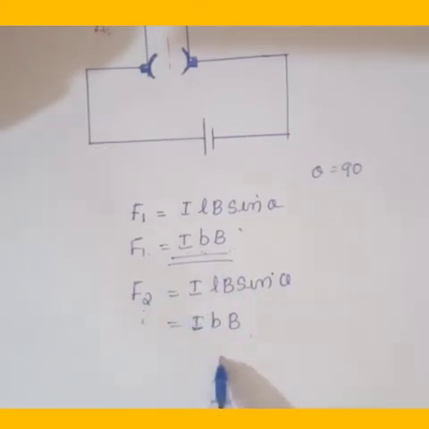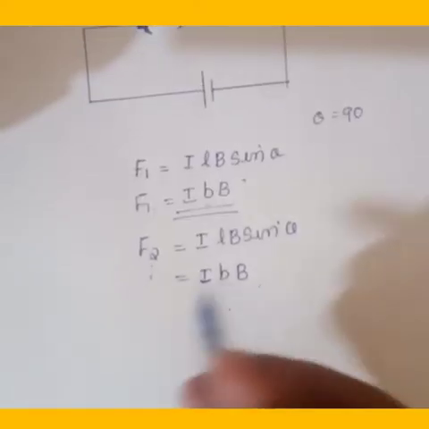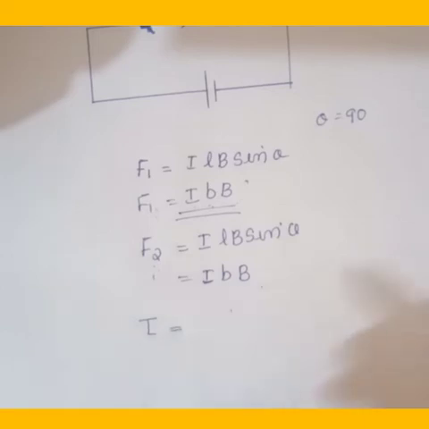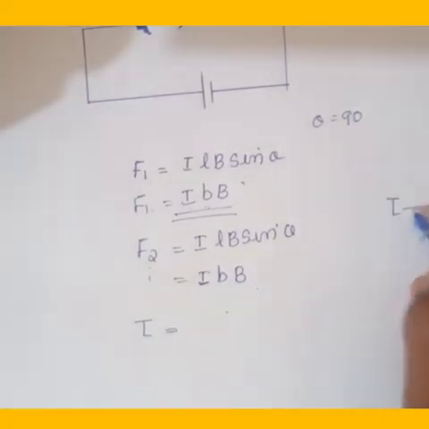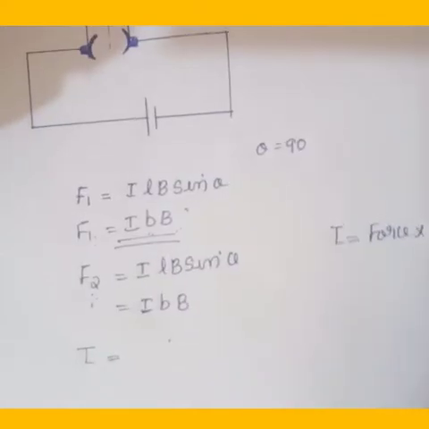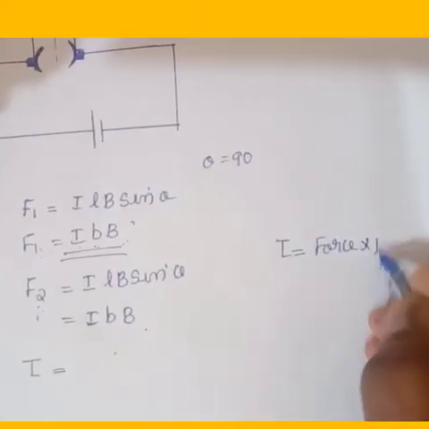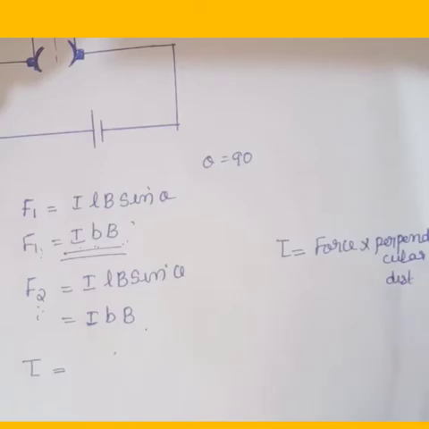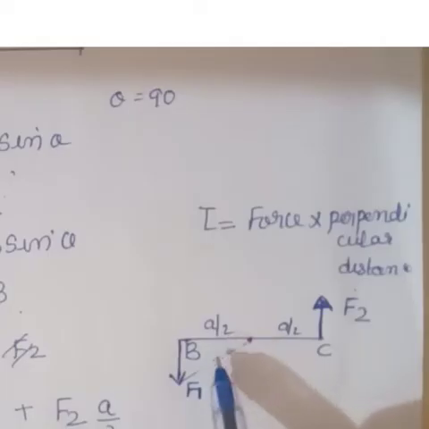Next, you have to find the torque exerted on the loop. Tau is equal to force into perpendicular distance. Here the perpendicular distance is a by 2.